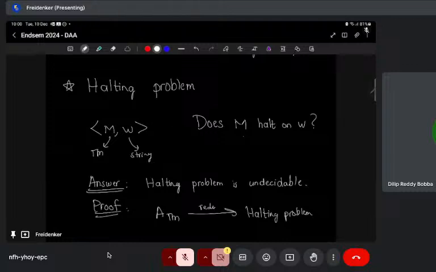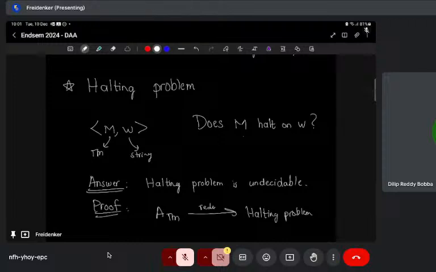Now, is there any machine, whatever you're going to make, that answers this question? So it's like: if M halts on W, where halts means either accept or reject, then that machine is supposed to accept this, or else it's supposed to reject this.